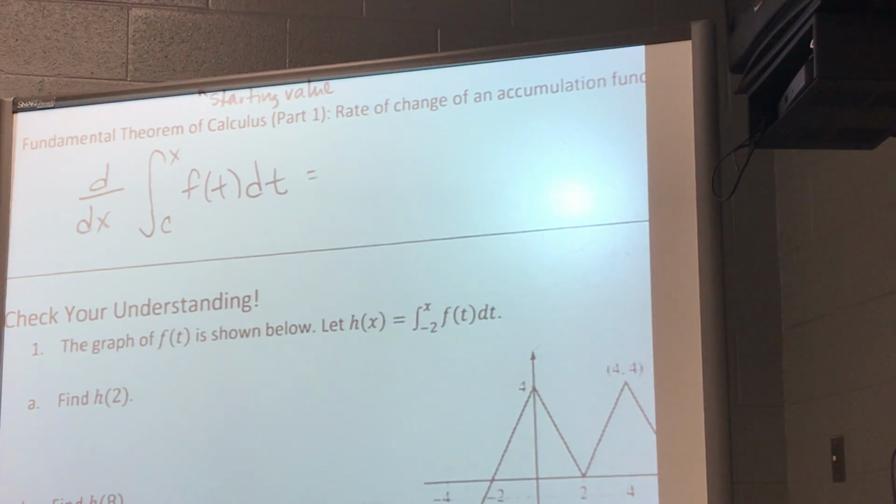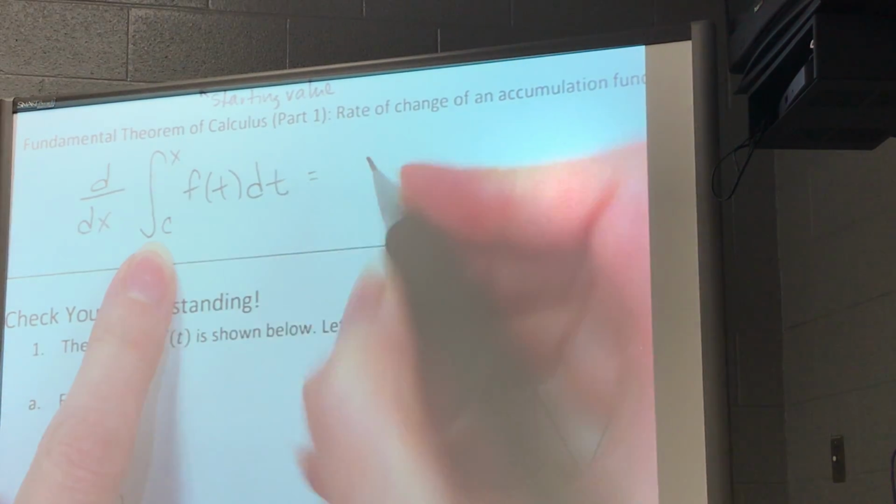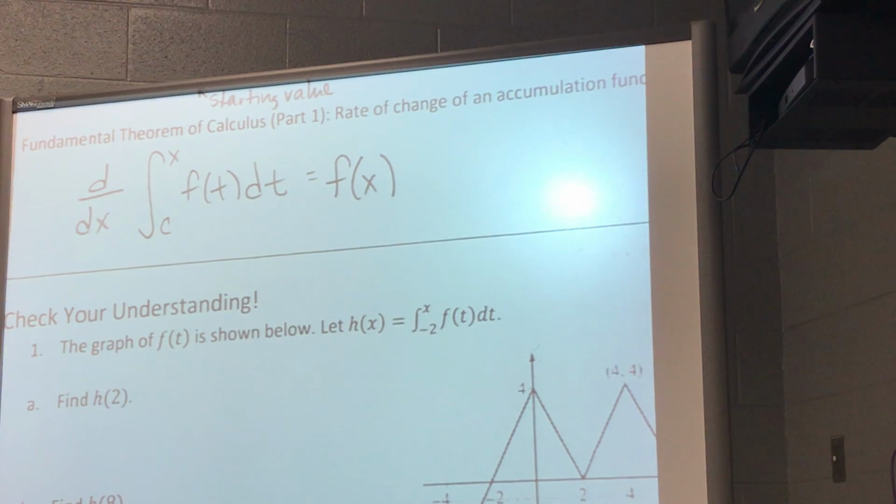But really the only thing that happens is when you take the derivative of this, it just changes the variable to x. So the derivative of the integral from c to x of f of t dt is just going to be f of x. And we're going to do a couple of these, and you'll see that it's really not a big deal. And we're going to do a proof of it at the very end.